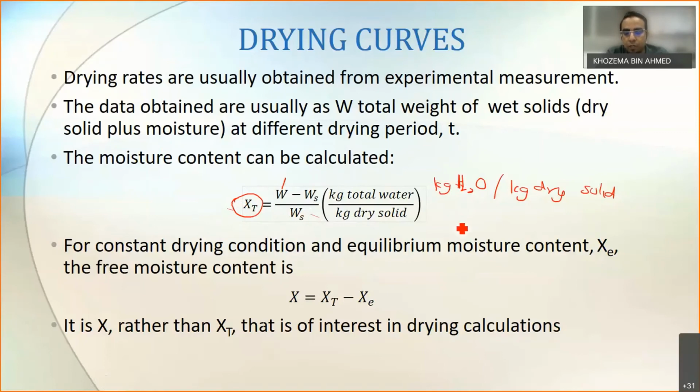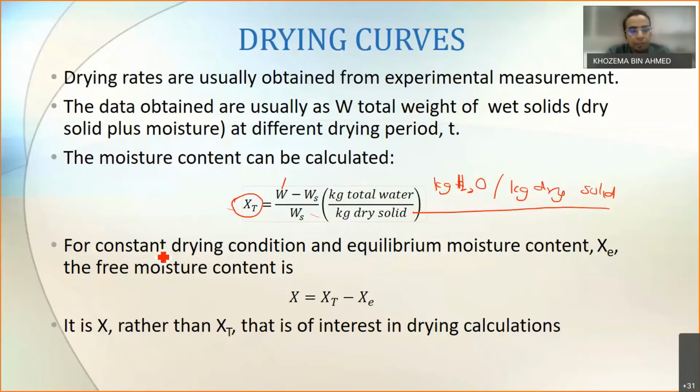This is moisture content on a dry basis, because we define moisture content on a dry basis as the amount of water per dry solid. So it is important to know that if you want to change this into wet basis moisture content, you have to change it into kg of water per kg of wet solid.